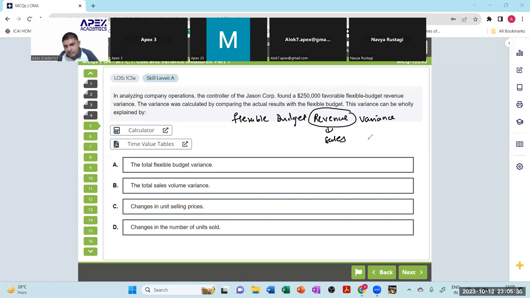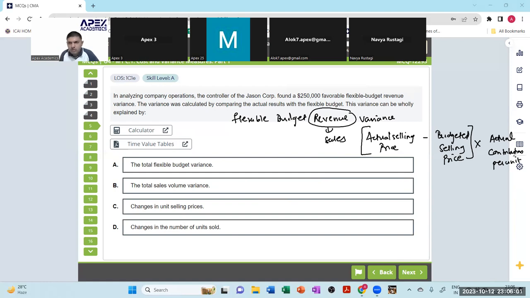Sales. Actual selling price minus budgeted selling price multiplied by actual quantity sold.